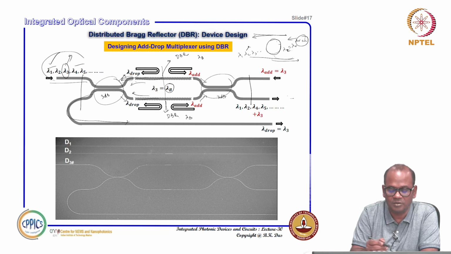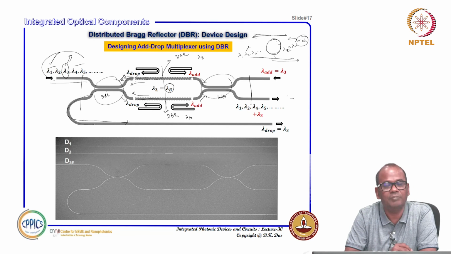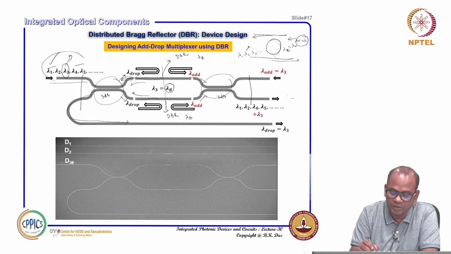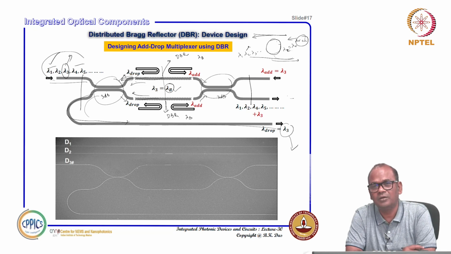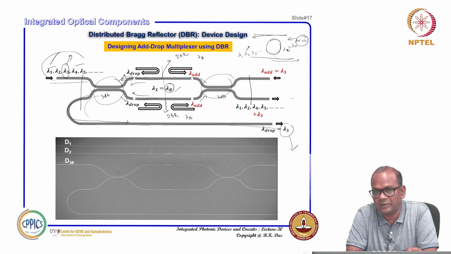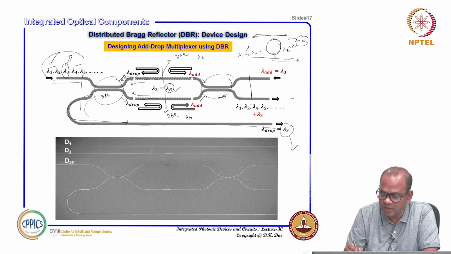It is like a folded one, then again sees the same directional coupler and in the cross port it appears here. So if lambda 3 is exactly matched to lambda b, that particular channel I can drop here and send to the particular recipient where you need that information.